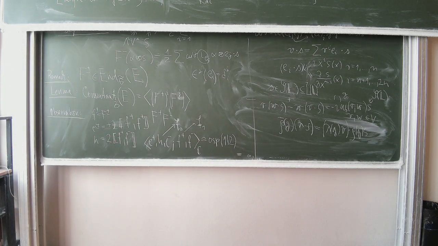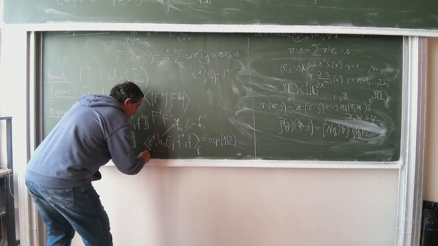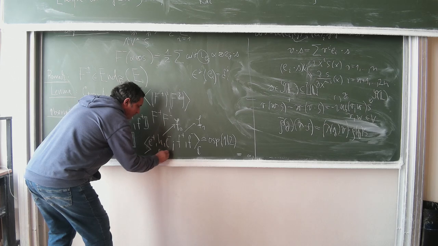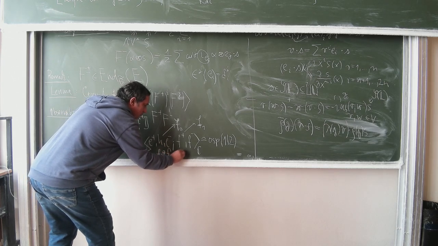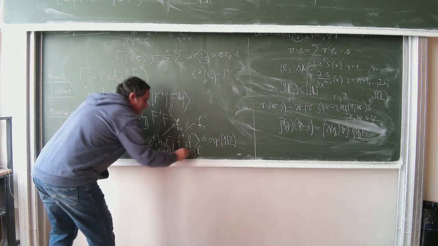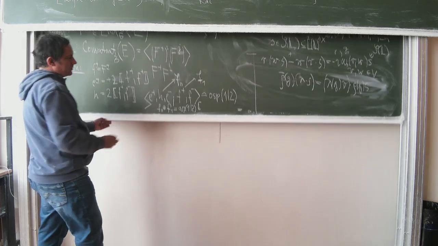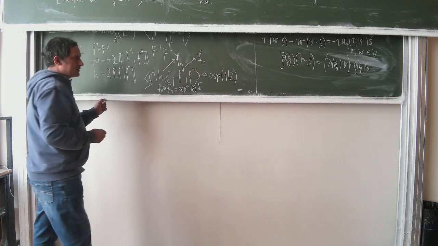So this is some kind of algebra. It has a Z2 grading, meaning that as a vector space, it is a direct sum F0 plus F1. And so this is a super vector space.